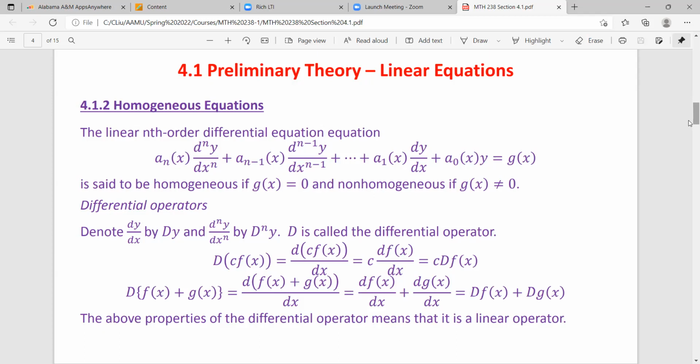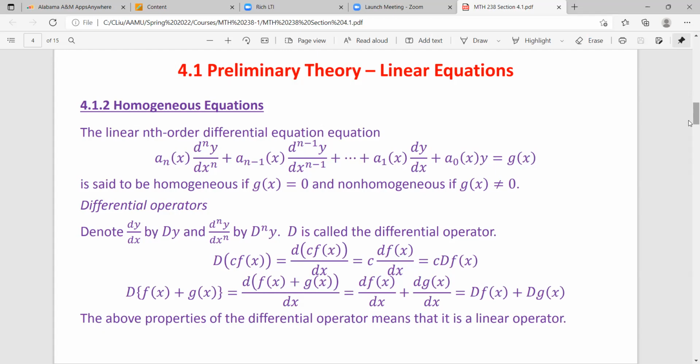And we're going to introduce the concept of differential operators. This is a very important technique when we do differential equations. We can use the operator theory to handle differential equations conveniently.